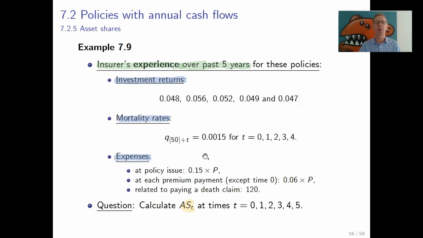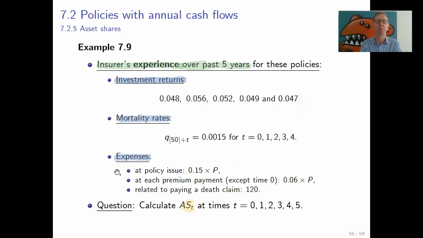We assume that the mortality rates that we experienced were as follows: q_{50+t}, so the probability that the person of age 50+t died, or the observed mortality frequency for a person of age 50+t was 0.0015 for any t.